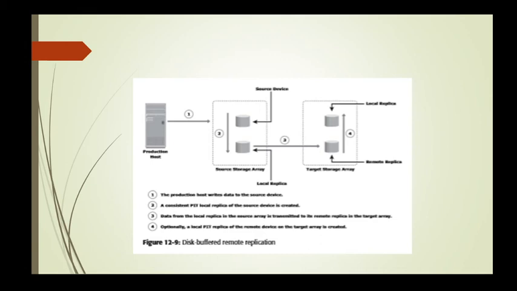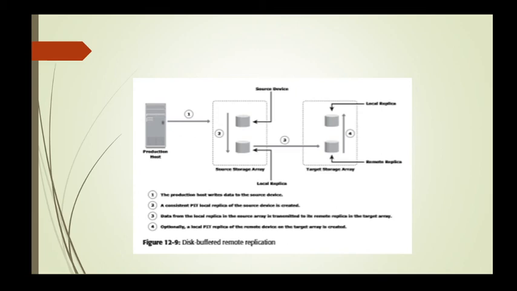Then in step 2, a consistent point-in-time copy, that is a local replica of the source device, is going to be created. So we have the same copy of data in the form of a point-in-time local replica. So the first one is the source device and the second one is the local replica.